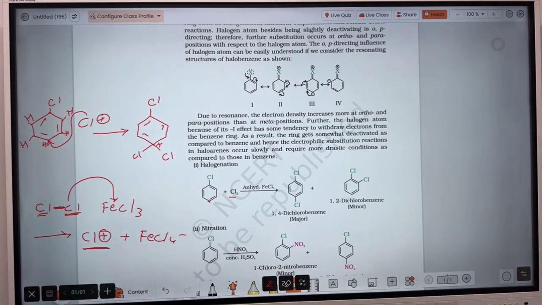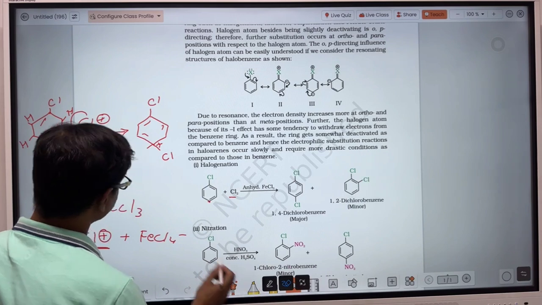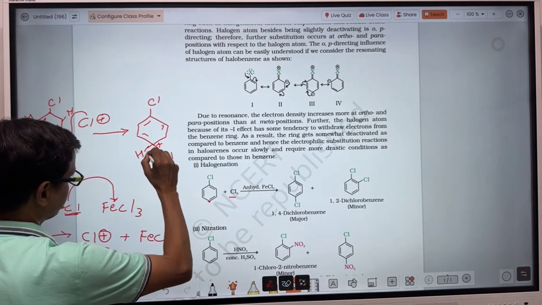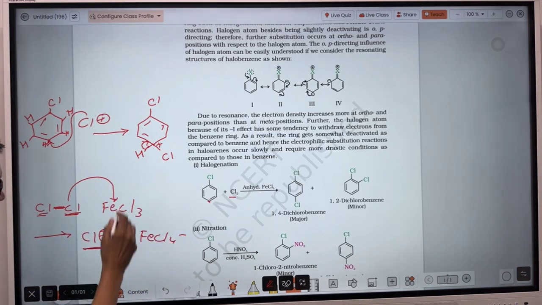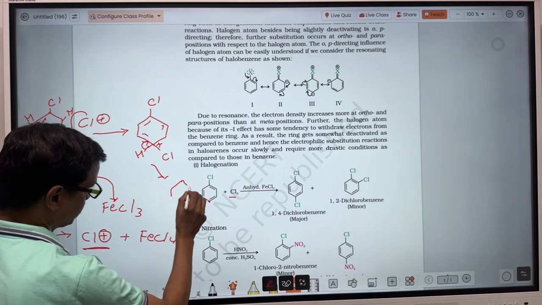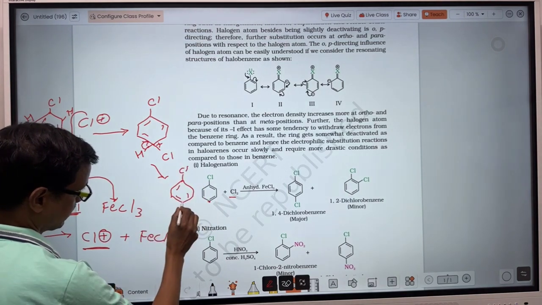Then, to neutralize this carbon, it will take the pi electron, this shared pair of electrons, so it will release an H plus ion. So finally there will be formation of chlorine here.